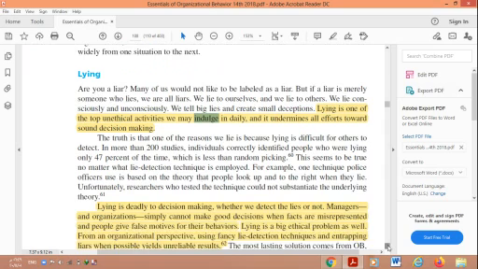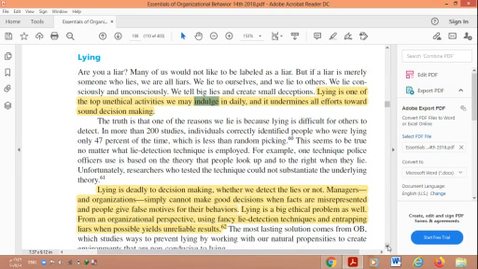So lying is deadly to decision making, whether we detect the lies or not. Managers and organizations simply cannot make good decisions when the facts are wrong or misrepresented, and people give us false motives for their behaviors.